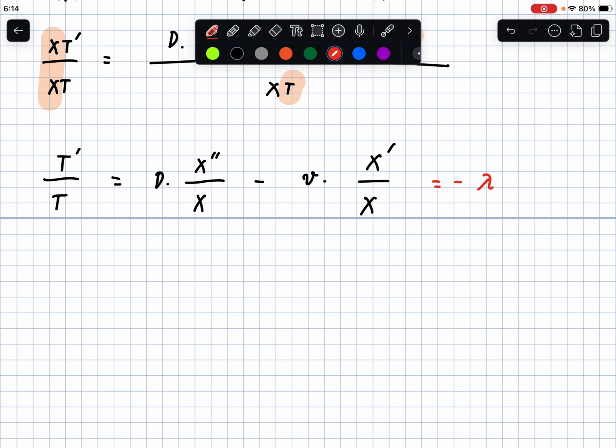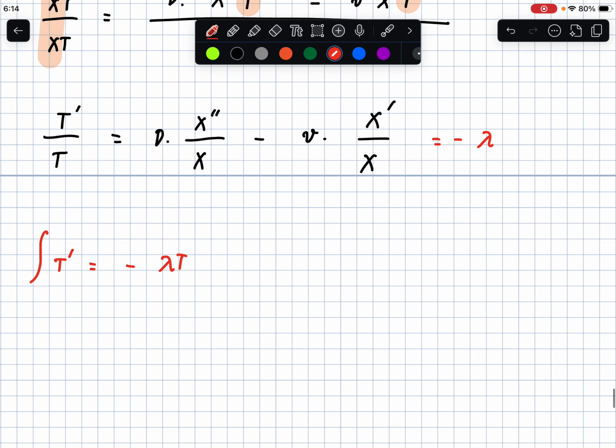The first ODE is T prime equal to minus lambda T, and the second one is D times X double prime over X minus v X prime over X equal to minus lambda. This one is T prime plus lambda T equals 0.